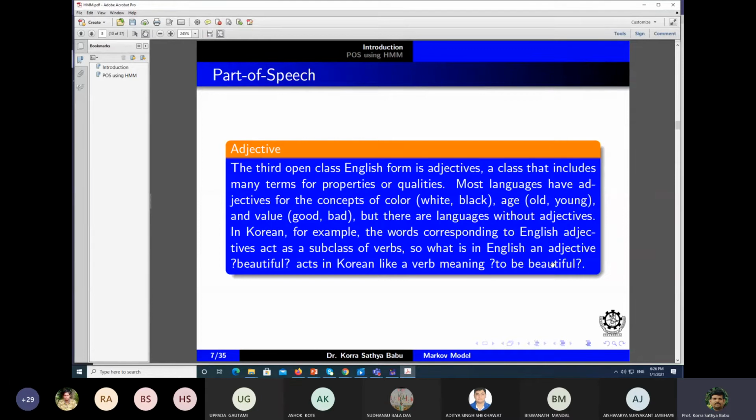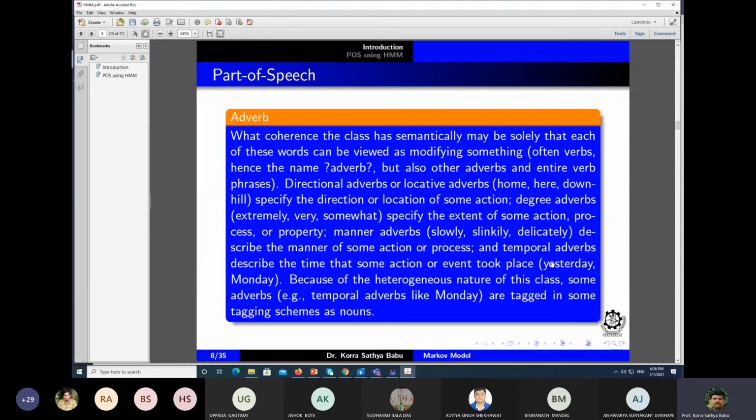But they often indicate other relations as well, like marking the agent. For example, Speech and Language Processing was written by Jurafsky and Martin. Written by marks the agent here, and by is a preposition here.